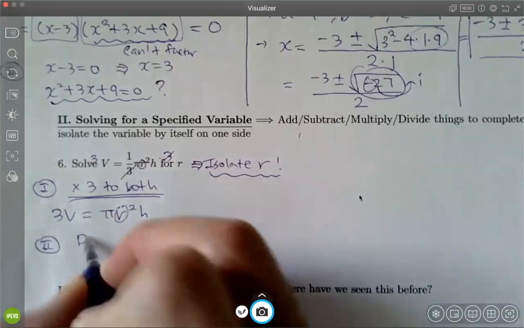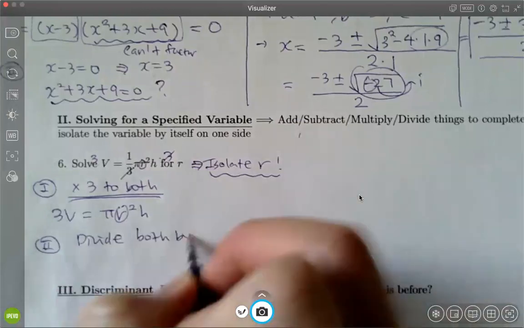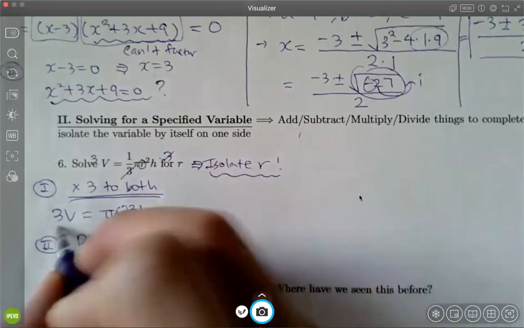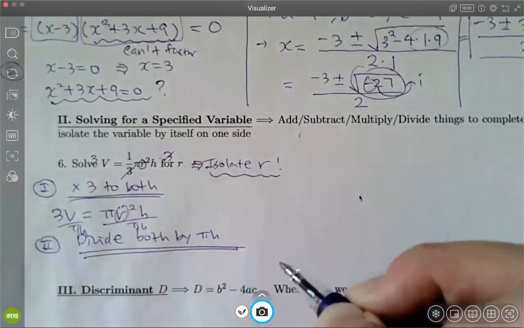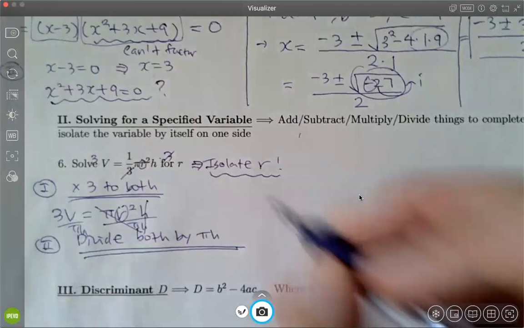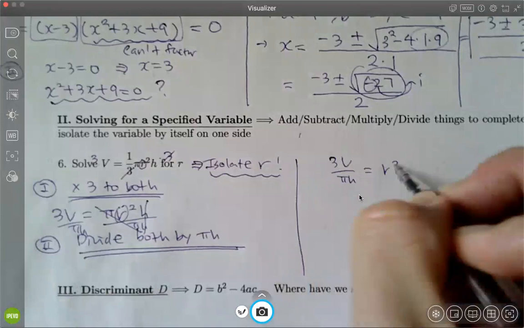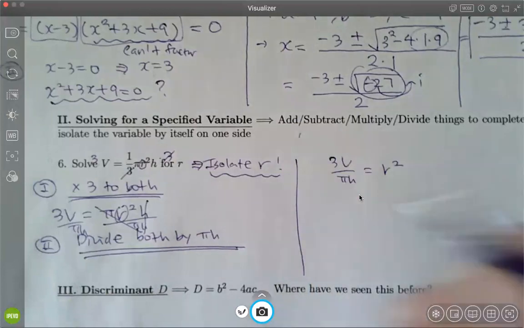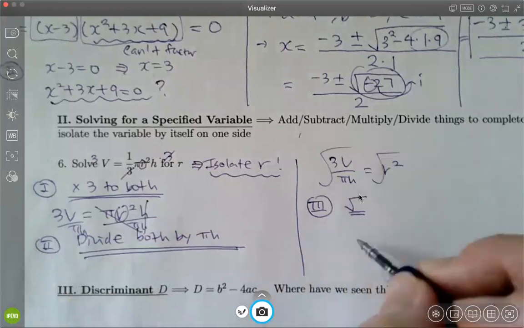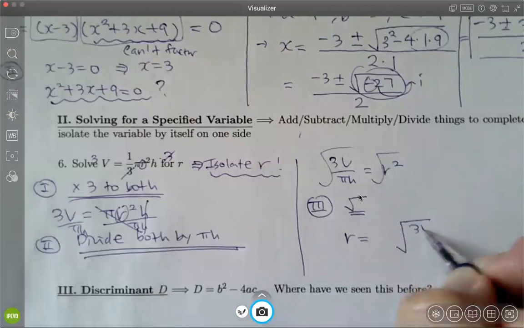And h. Yes, so divide both by h, or pi h. So we have 3v over pi h, the pi's cancel, the h's cancel, so we have 3v over pi h is equal to r squared. Then we can take the square root. So what do we get? r is equal to square root of 3v over pi h, right?